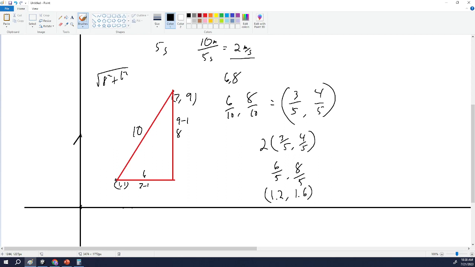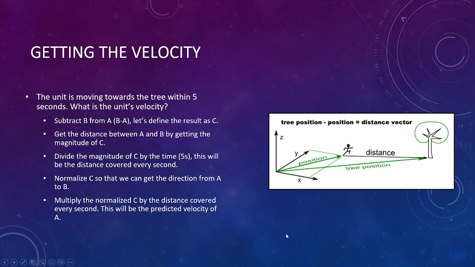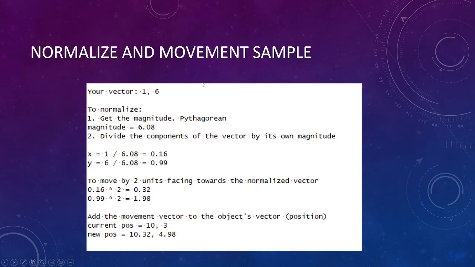This has to be his velocity. Alright. That's all there is to it. You just subtract it and then find out the normal, find out the speed, and you'll get that.